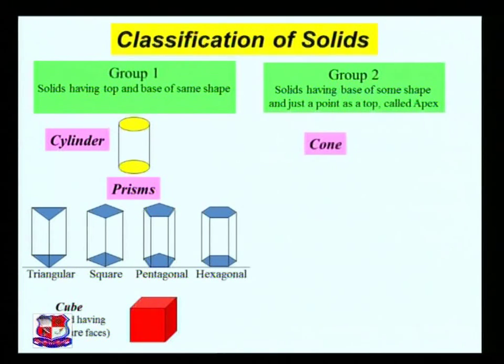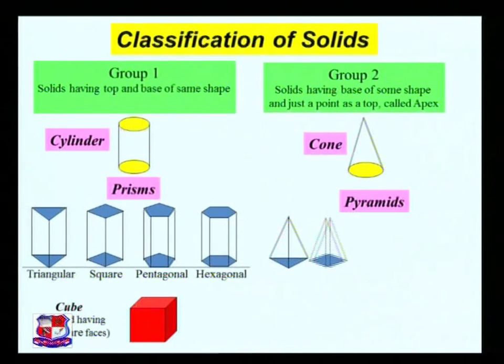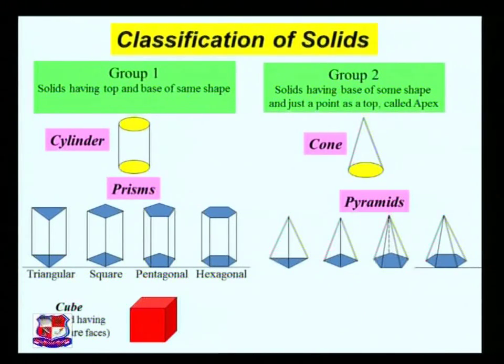In group 2, cone like this, having a circular base and apex point, and a pyramid means a regular polygon at the bottom and apex point at the top, like this is a triangular pyramid, square pyramid, pentagonal pyramid and a hexagonal pyramid.